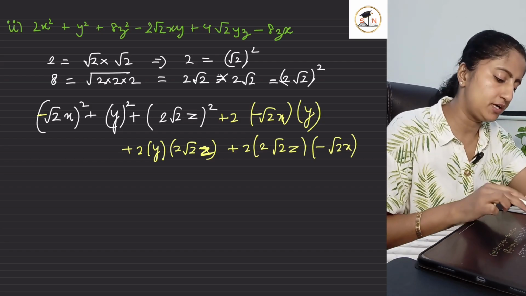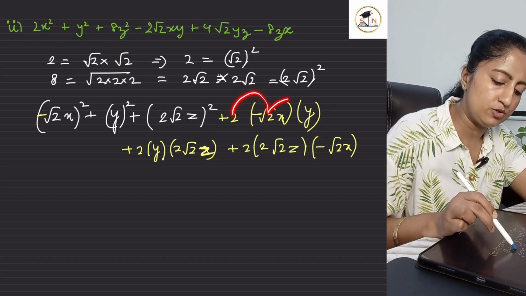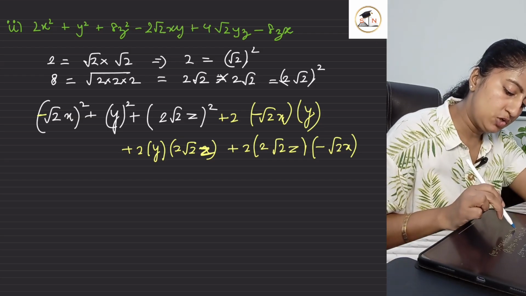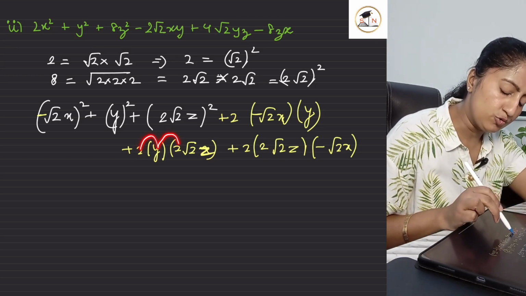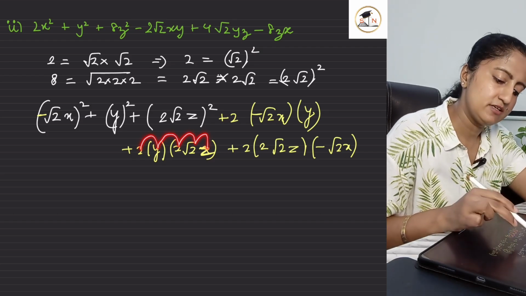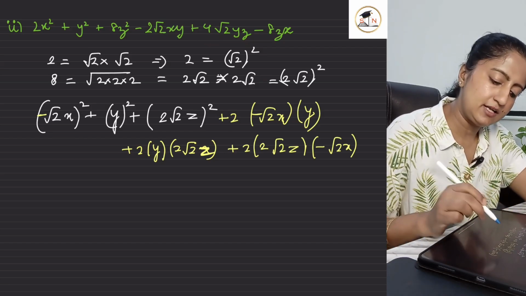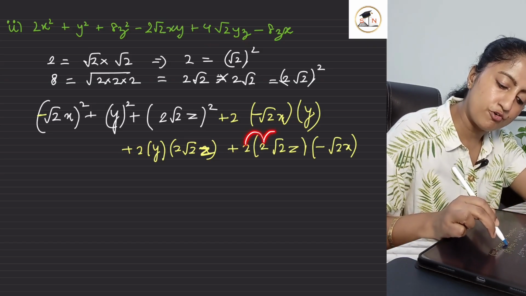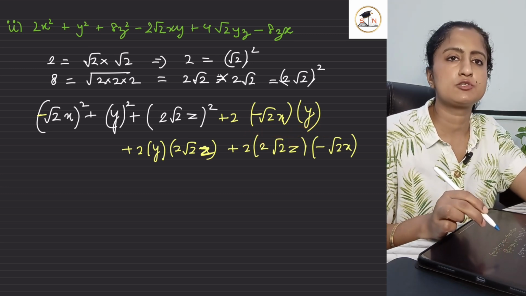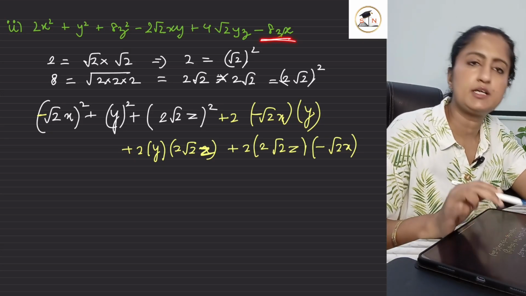We haven't verified the products, let's do that. 2 into minus √2 is minus 2√2 into xy, which is correct, right? Second product, 2 into y, 2y, 2y into 2, 4y, 4y into √2, 4√2yz, sorry, it was z, and it is also correct. And the last, 2 into 2, 4, 4√2z into minus √2x, so 4√2 into minus √2 gives you minus 8zx, and that is correct.